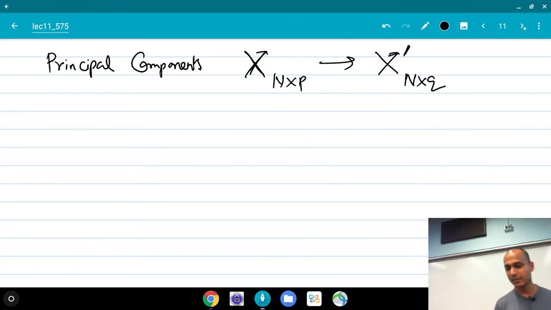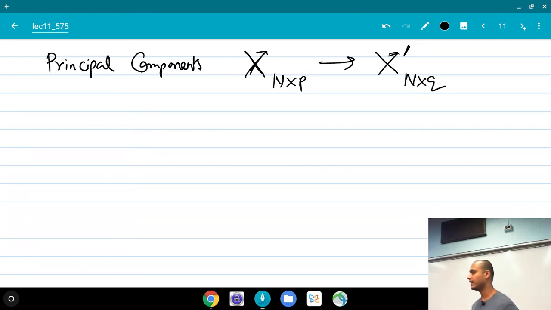Why do you care about dimensionality reduction? Because in lower dimensions things are better, and we saw the curse of dimensionality for k nearest neighbor, right? If you could do k nearest neighbor in 5 dimensions, it's definitely better for the same number of observations than doing k nearest neighbor in 50 dimensional space. So low dimensionality is always good for exploratory analysis, unsupervised learning, or in general any machine learning task.